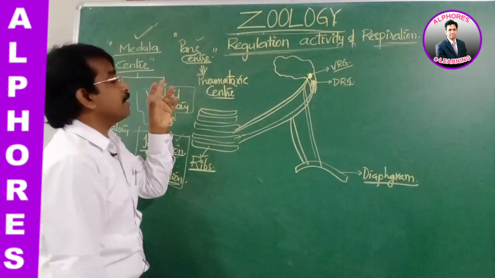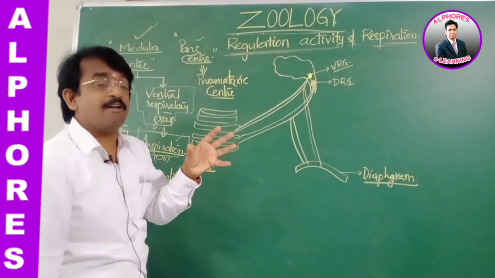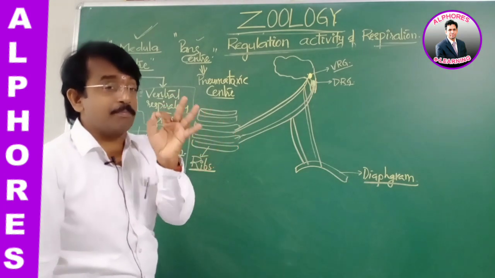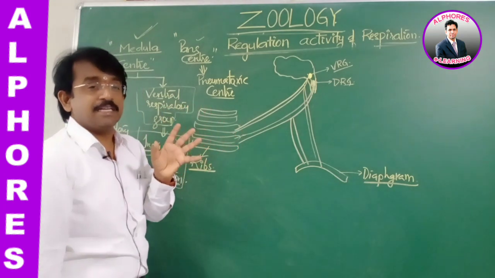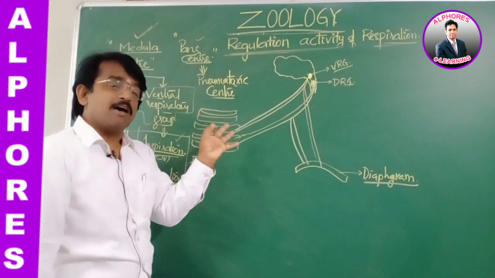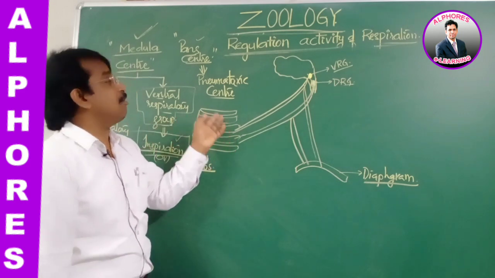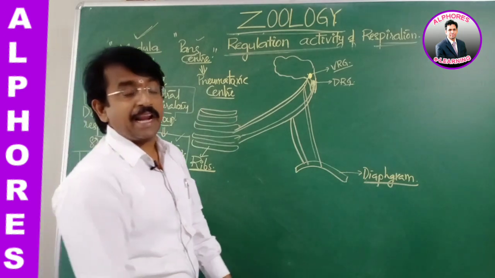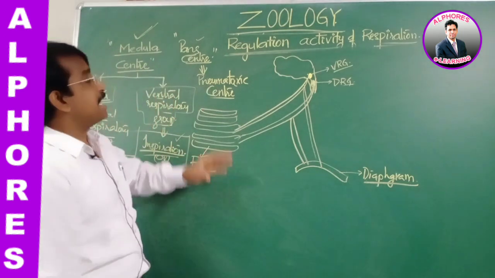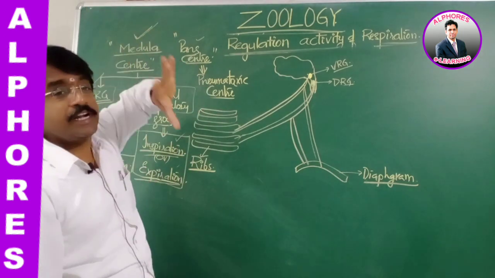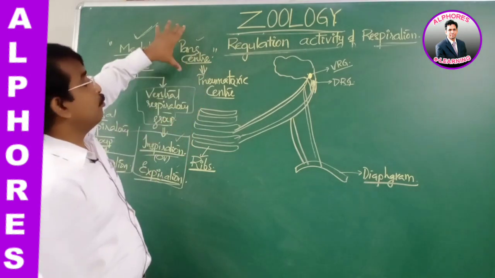At the same time, it is responsible for the depth of the breath. The rate and depth of breathing are also controlled by the pons, together with the pneumotaxic center.